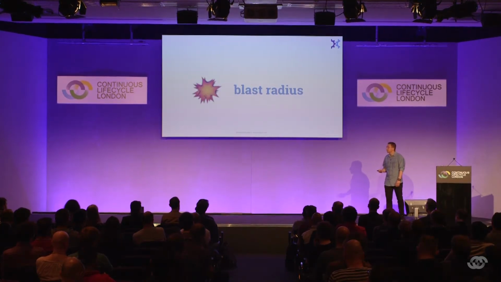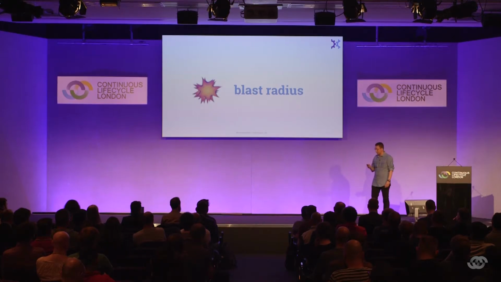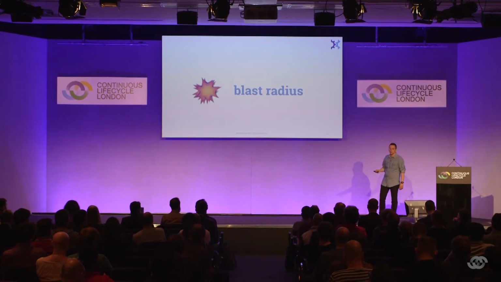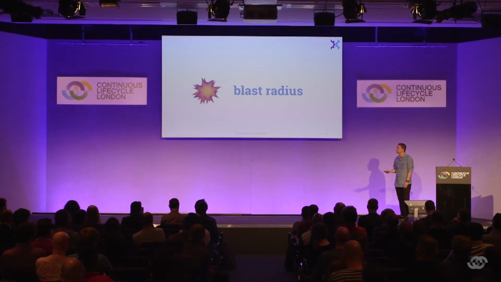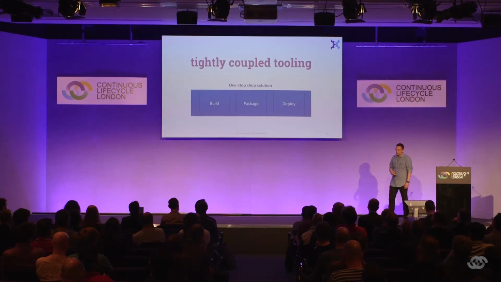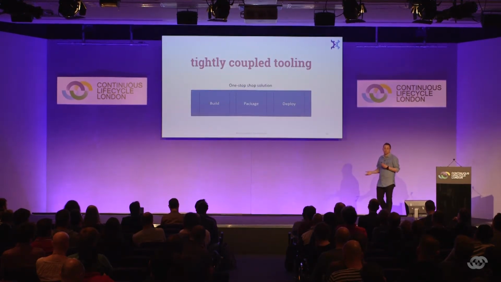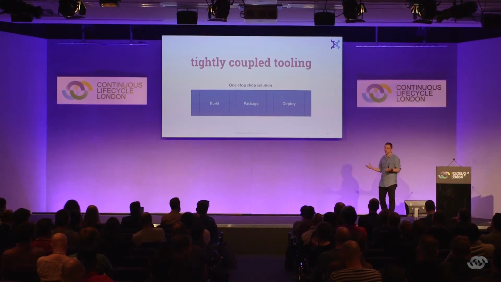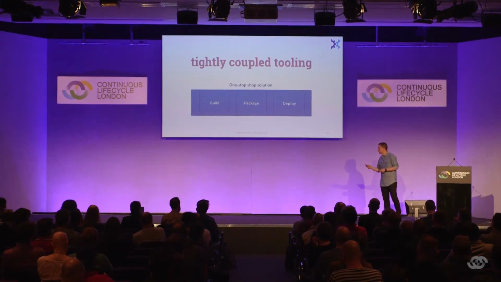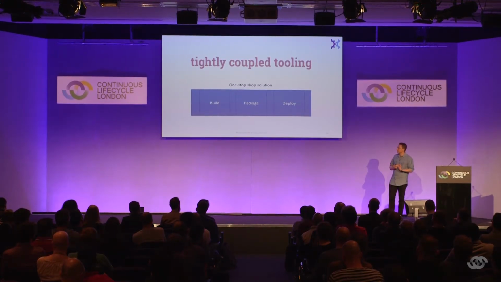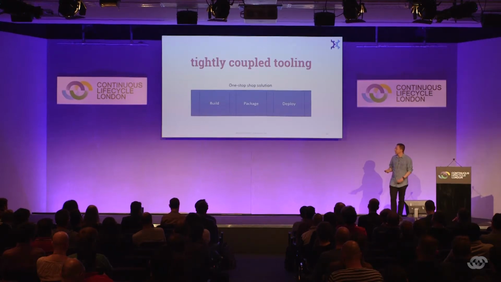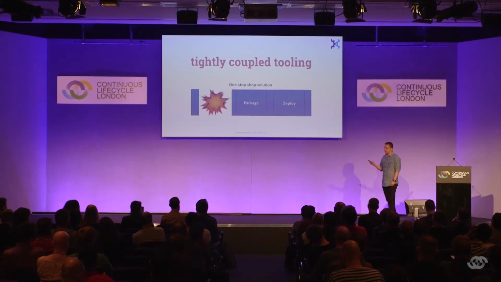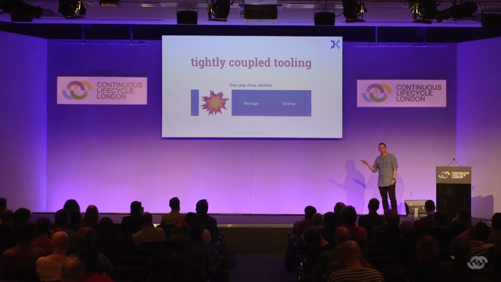The other thing which I find important is to limit the blast radius of problems in our tool chain or in our pipeline. If we have tightly coupled tooling, and this can happen also in an integrated tool chain, not just in a one-solution tool, if there's a coupling between the tools themselves, then what can happen is one of them starts failing.